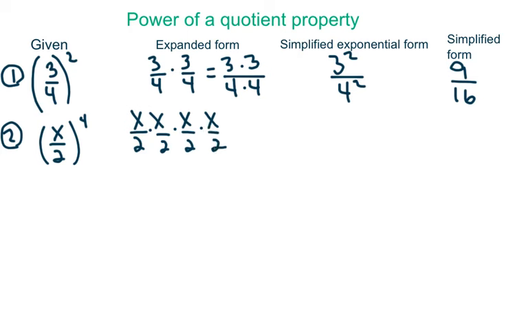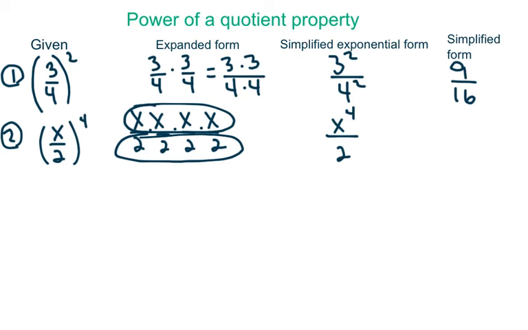So if we look at the numerators, we have x to the 4th. And if we look at the denominators, we have 2 to the 4th. And then the simplified form would be x to the 4th over 16, since 2 to the 4th equals 16.